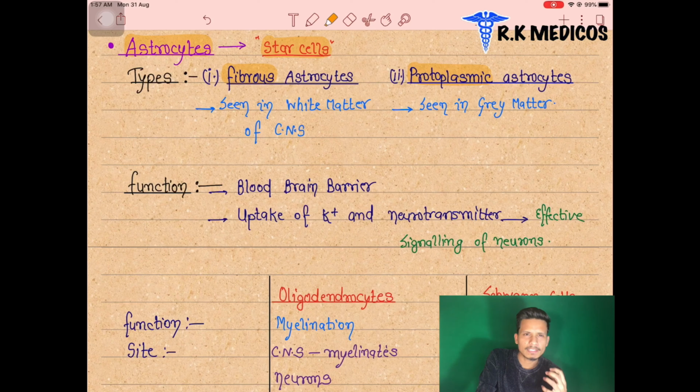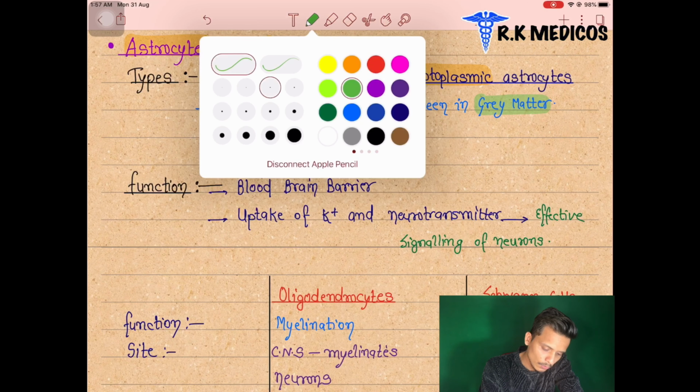So we are going to discuss what astrocytes are and what their main function is. The astrocyte is a star-shaped cell. It has two types: one is protoplasmic and another one is fibrous. The fibrous one is present in the white matter of the central nervous system, but the protoplasmic one is present in the gray matter. You have to know about it.